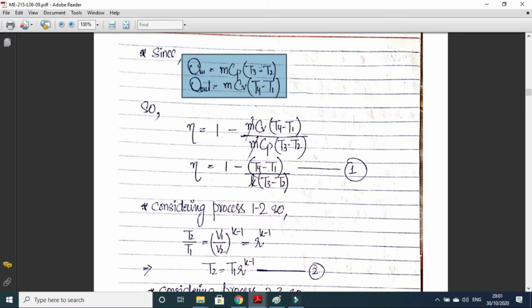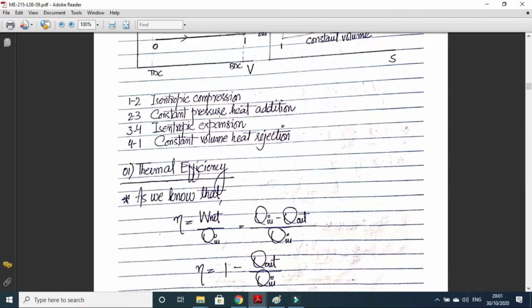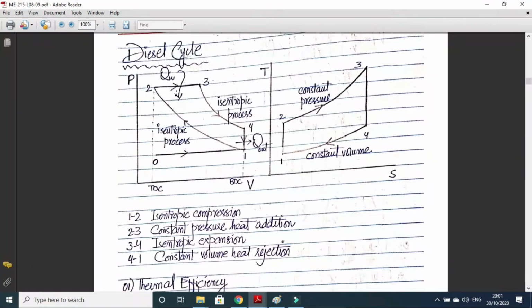In the Otto cycle, Q in was equal to m Cv (T3 minus T2), because during the constant pressure heat addition process there will be moving boundary work done as well, but in the Otto cycle, when the volume was constant, there was no moving boundary work done.